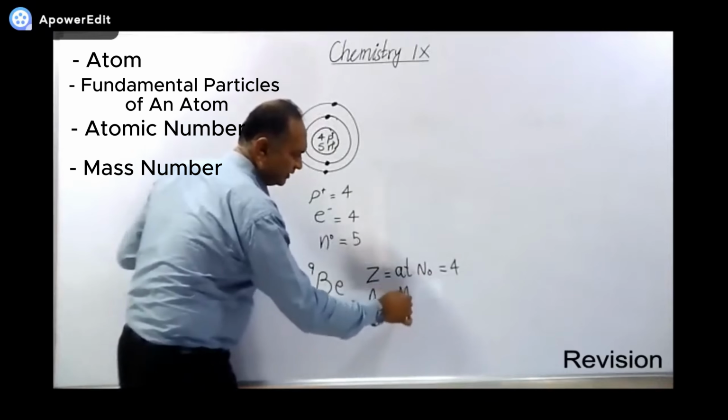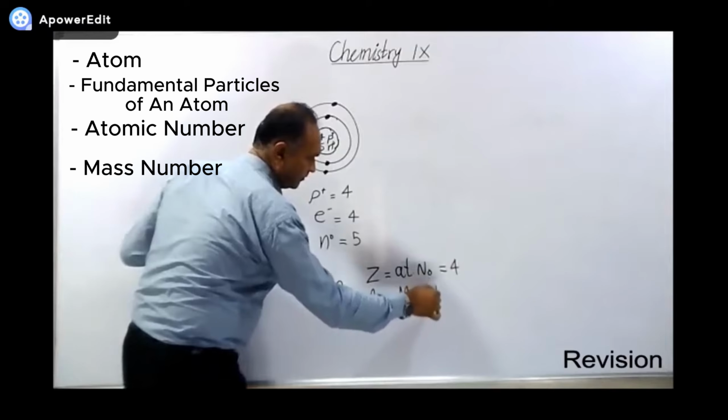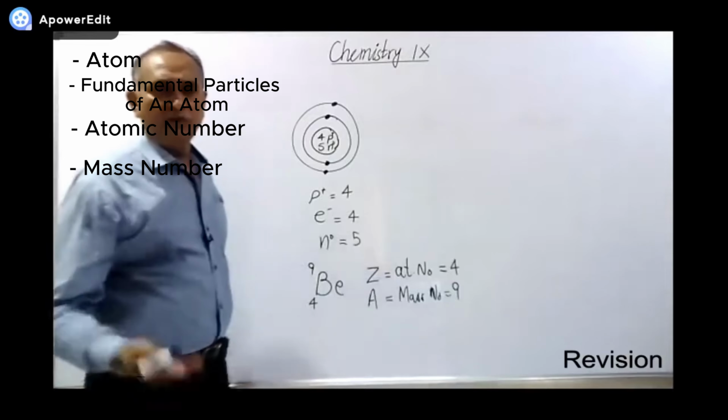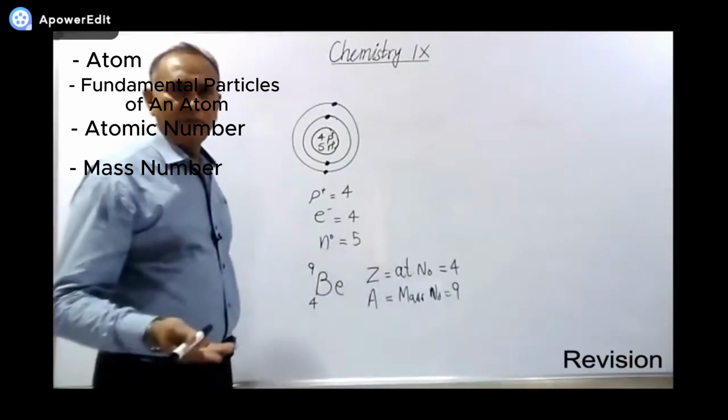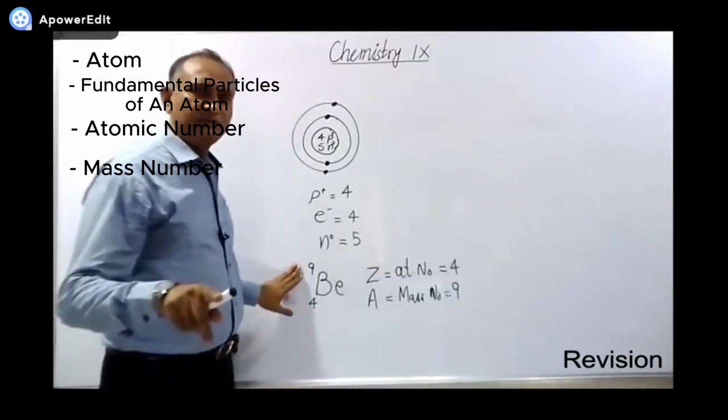The mass number, which is 9 here. So this is general. When you see a symbol with 2 numbers written, then the smaller number always represents the atomic number, and the bigger number represents the mass number.